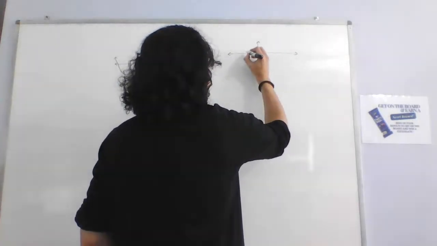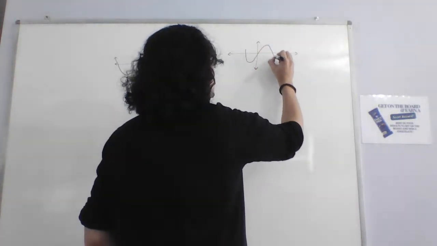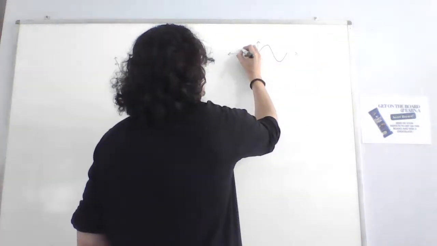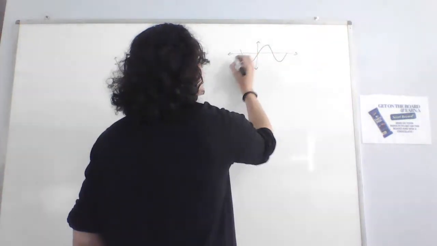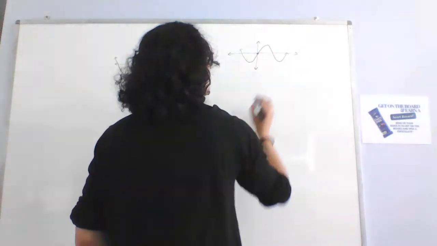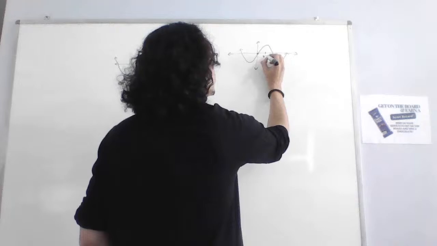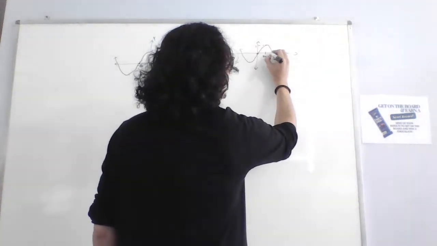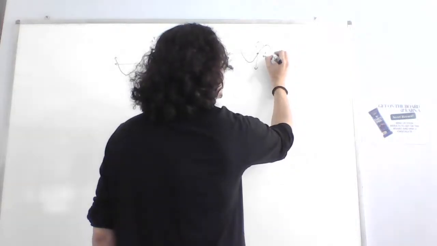So the sine graph, again, starts at 0, like so. That's an interval of the sine graph. It starts at 0, peaks at 90 and 1. Then we're basically adding 90 each time.